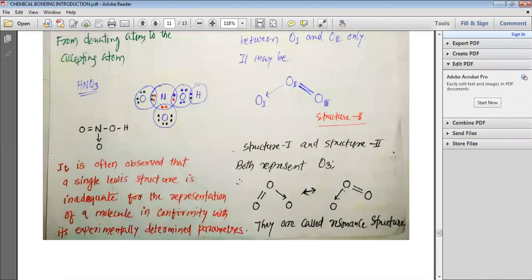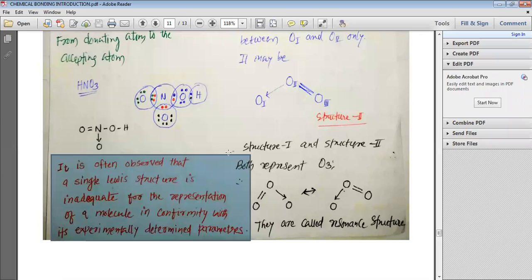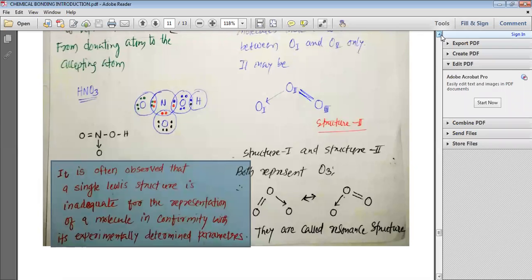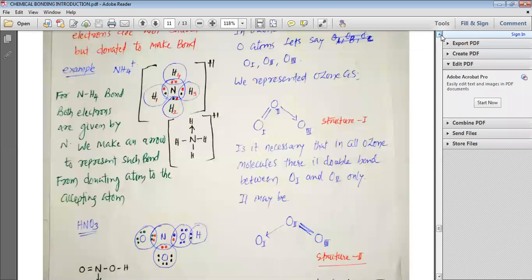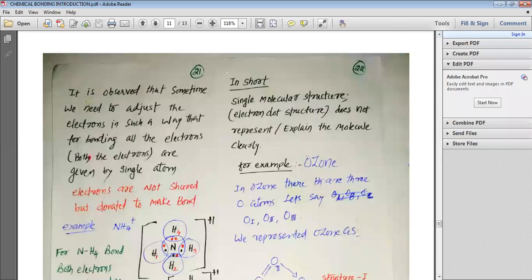Sometimes when we write a single Lewis dot structure, it does not represent the molecule properly. Now, in that condition, what should we do? Let us try to understand. In short, a single electron dot structure does not represent or explain the molecule clearly.